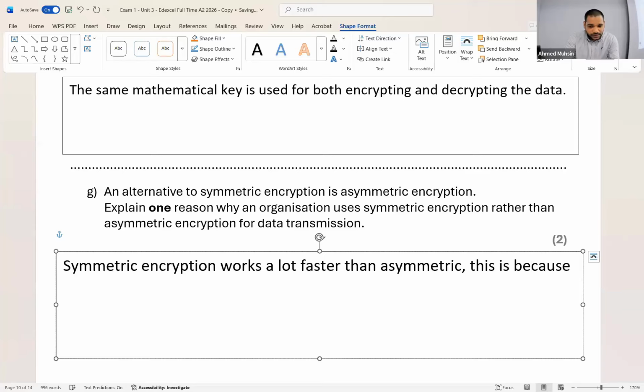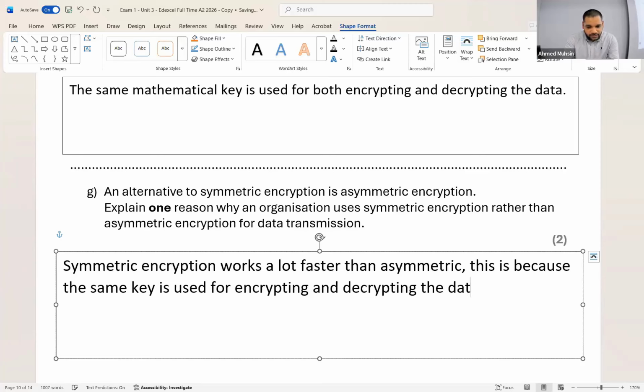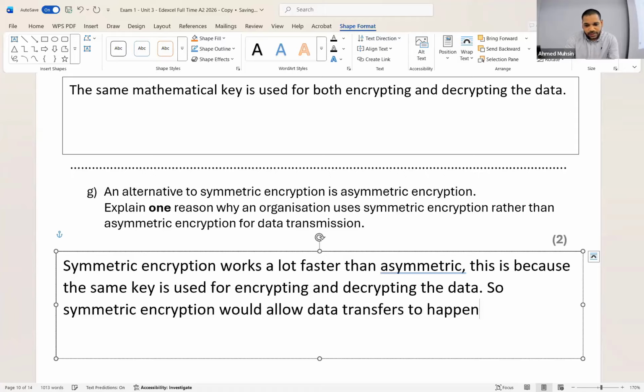This is because the same key is used for encrypting and decrypting the data. So symmetric encryption would allow data transfers to happen quickly, or to happen faster than asymmetric encryption.